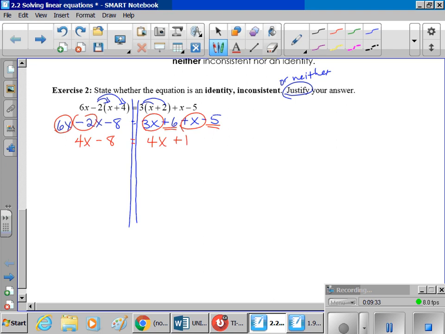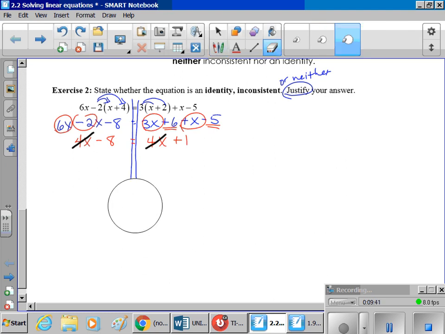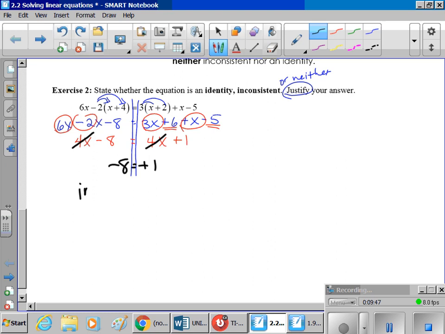So as you can see, because we have the 4x's on the same side and they're the same sign, they're going to cancel out. And we're going to get negative 8 is equal to positive 1. So this is inconsistent and has no solution.